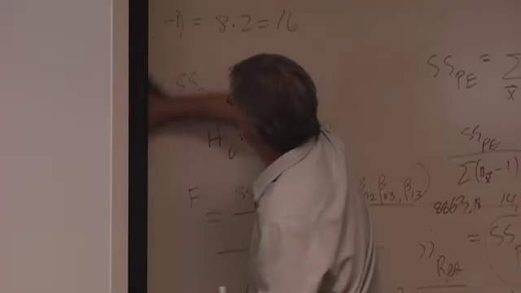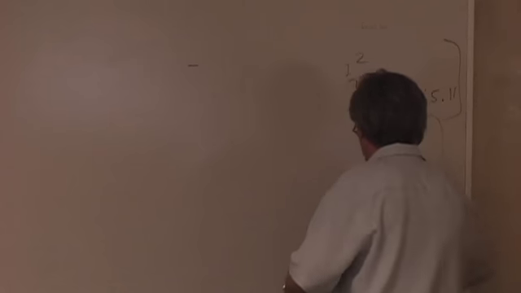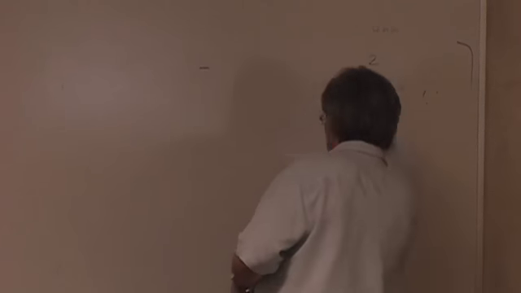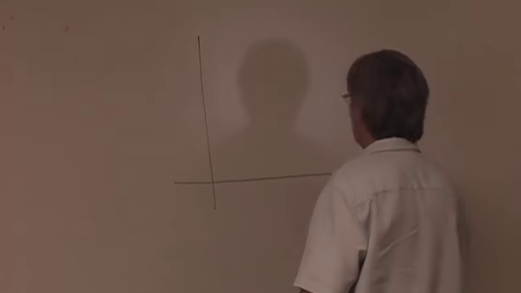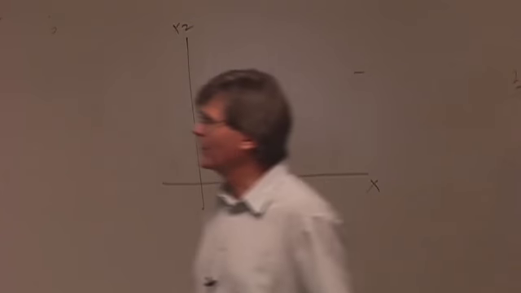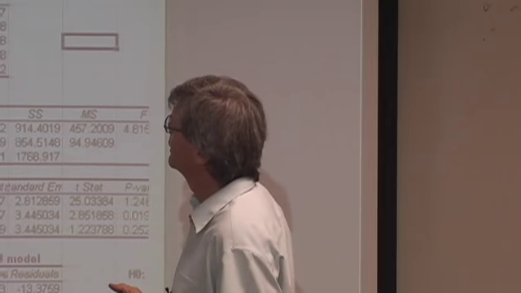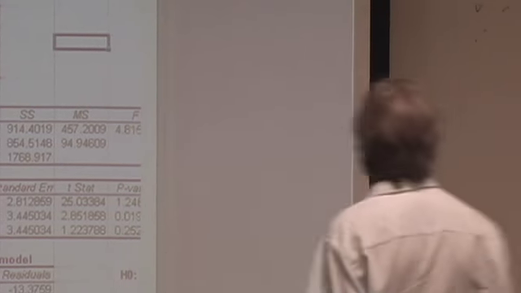So that was called the central composite design for this particular model. They coded the temperature and the concentration by linear transformations.